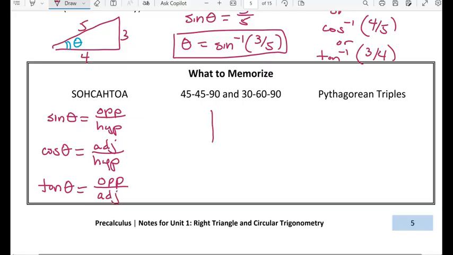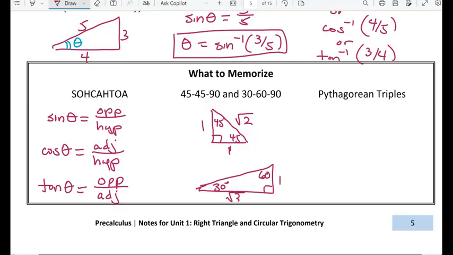We've got to memorize our 45, 45, 90 triangles. In a 45, 45, 90, the sides opposite the 45s are 1 and the hypotenuse square root of 2. And in our 30, 60, 90 triangle, the side opposite the small angle 30 is 1, the side opposite the 60-degree angle square root of 3, and the hypotenuse 2.